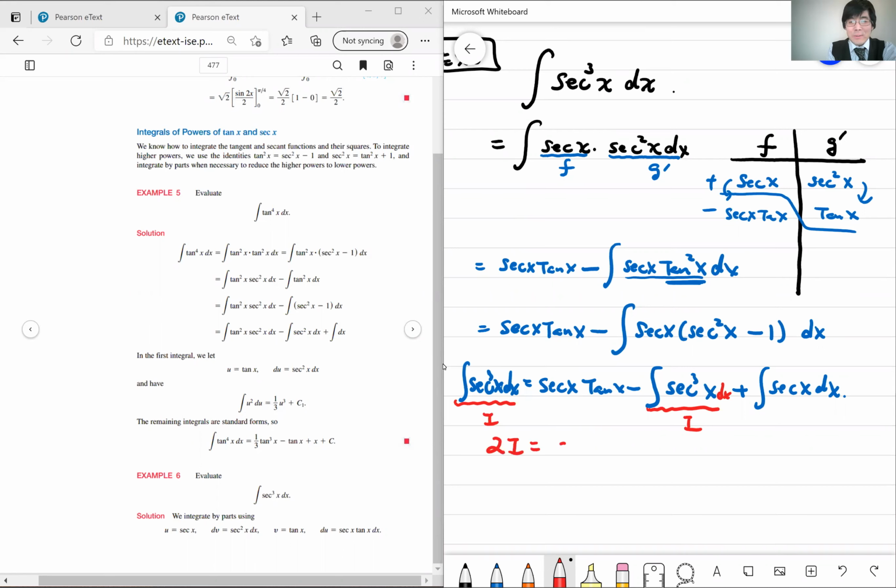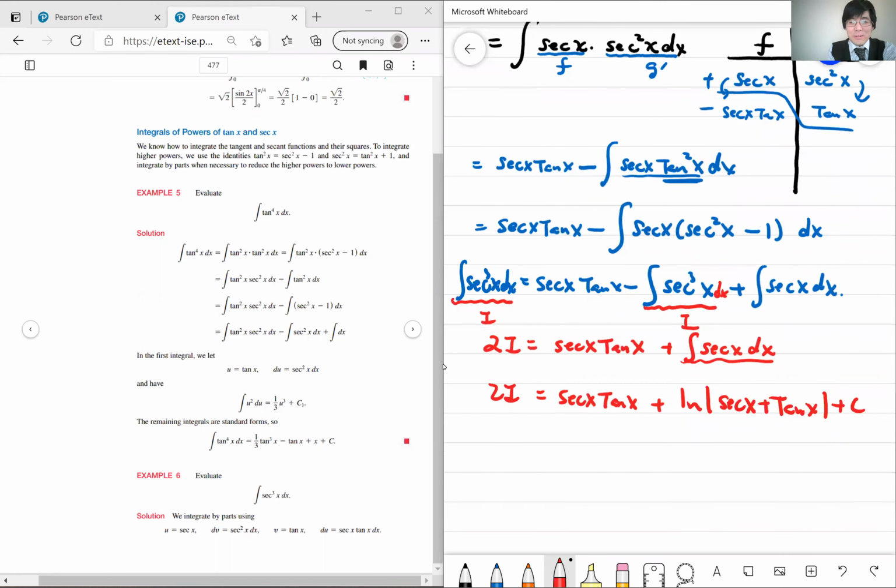So 2I is equal to secant x tangent x plus integral of secant x dx。ちなみにこれはさっき紹介したわけわかんねえ上と下にシーカントかける単をかけてね、積分してこうなるっていうのは示しましたね。So, that equals twice as many as the one that we want to get.